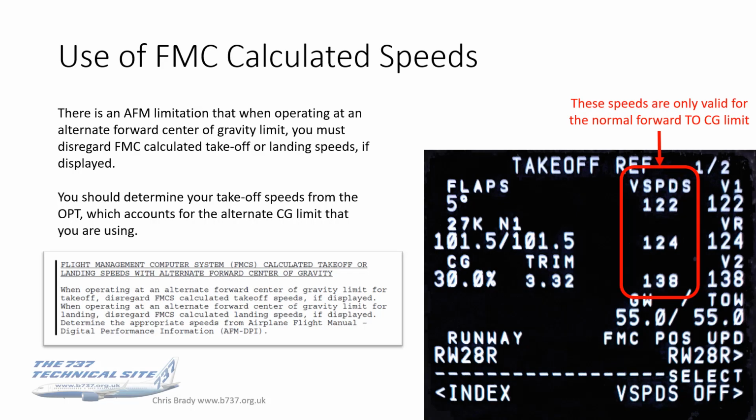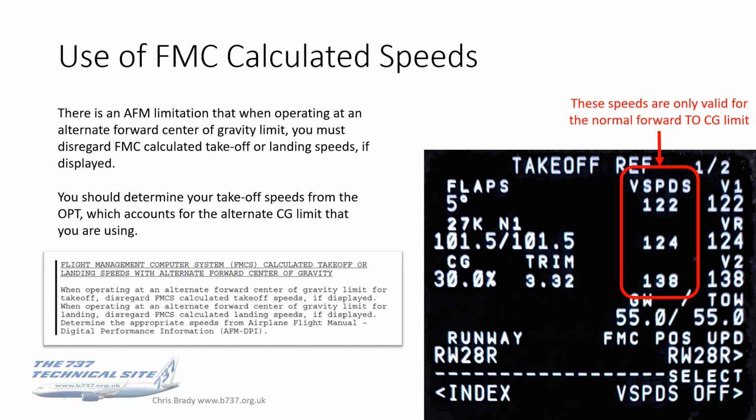Okay, one last thing to mention is the use of FMC speeds. There is an AFM limitation that when operating at an alternate forward centre of gravity limit, you must disregard the FMC calculated takeoff or landing speeds, if displayed, if you use the alternate CG for takeoff or landing.